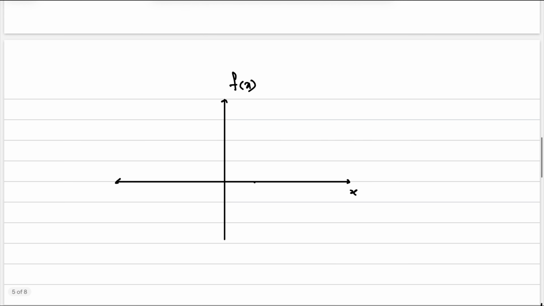Let me say it is 1.2. What is the function x value? Function x is 1 only. This is the point. Whether x is 1.2 or 1.1, the function x is 1 only.